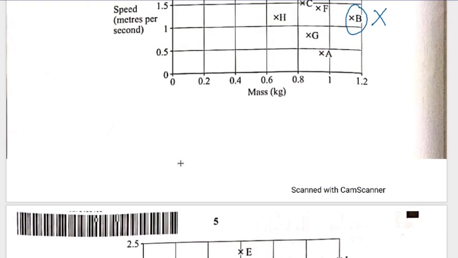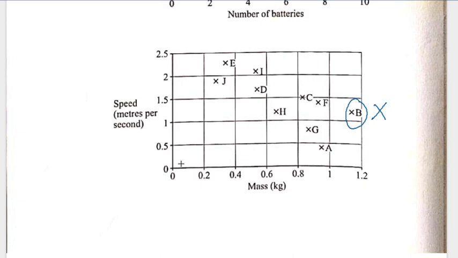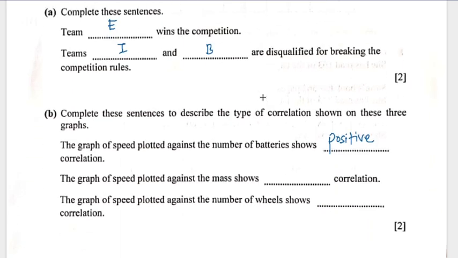Okay, this one. If you draw a line like that, we can see it goes down, which means this is a negative correlation. So we write here negative.